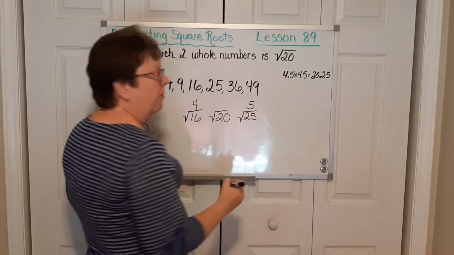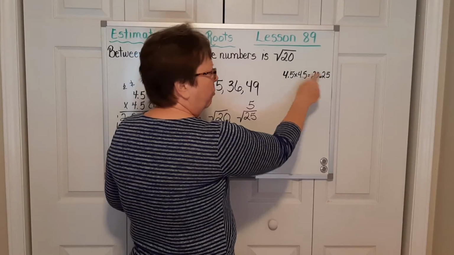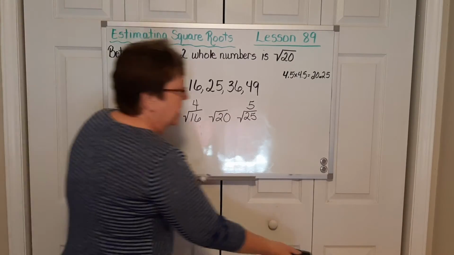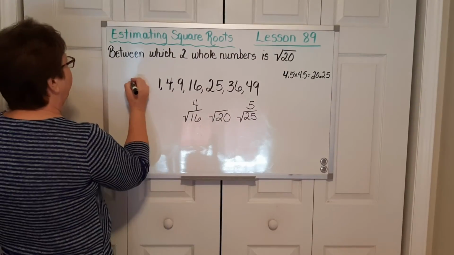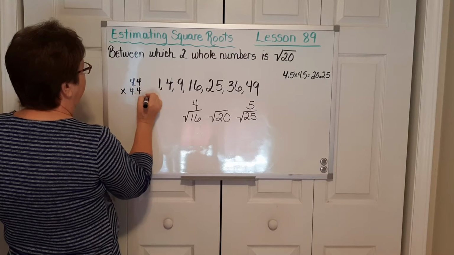Now, it didn't come out a perfect square, did it? Okay, so it was a little too much, wasn't it? So let's go down to 4.4. See, we're just kind of guessing here. Okay, so let's try 4.4 and multiply.